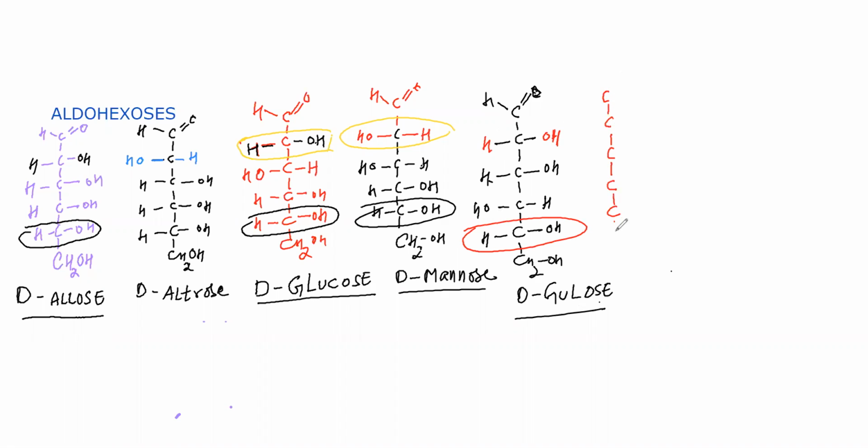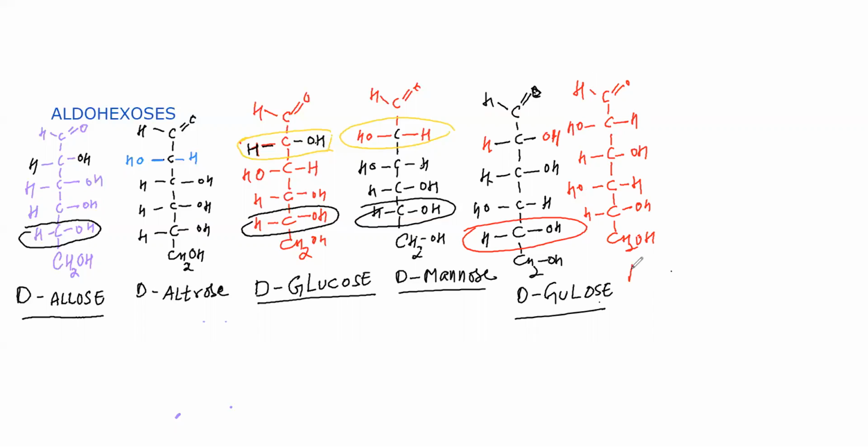4, 5, and 6 numbering. CH2OH, this is this. This is the aldehyde carbon, and this is idose. Here we have OH, H, H, and OH. And then we have OH and H. And this is CHOH.